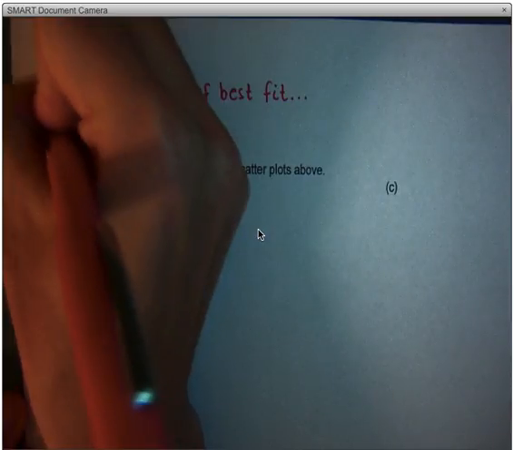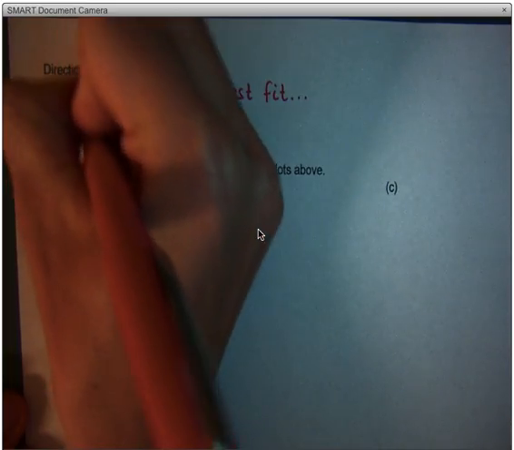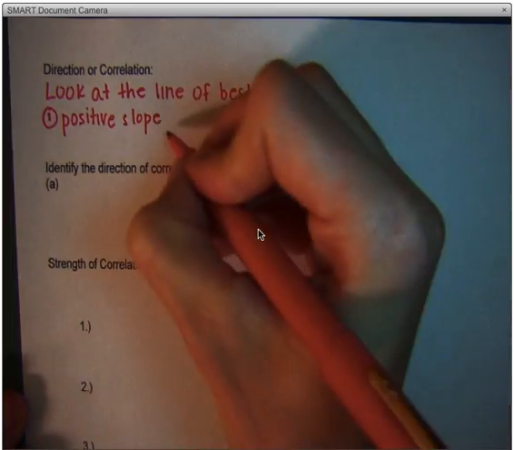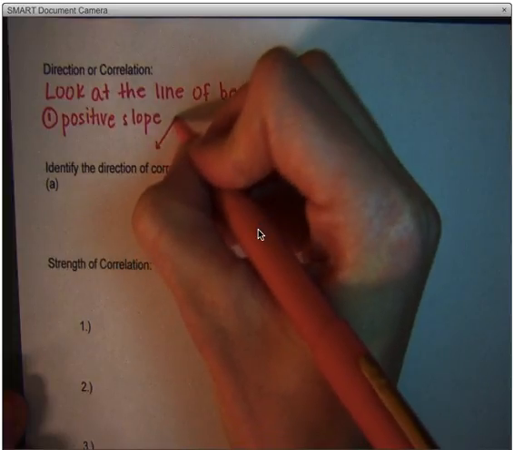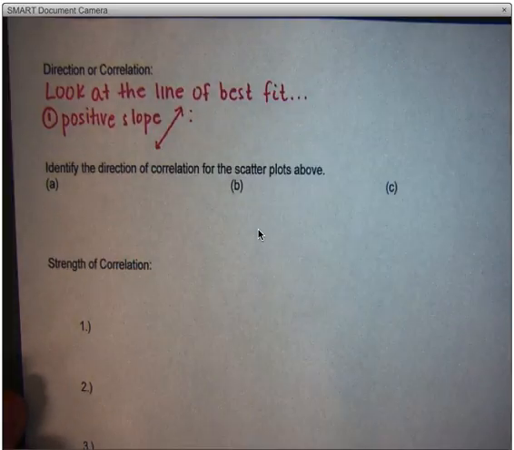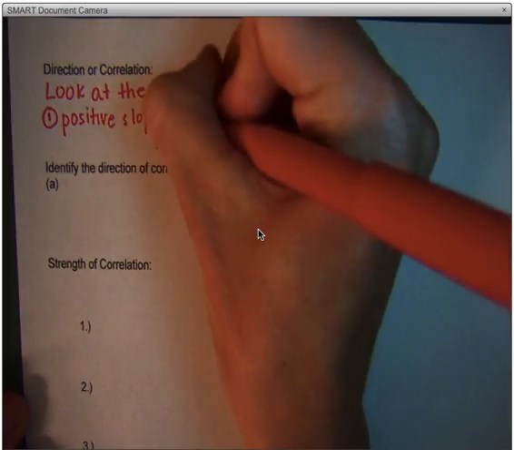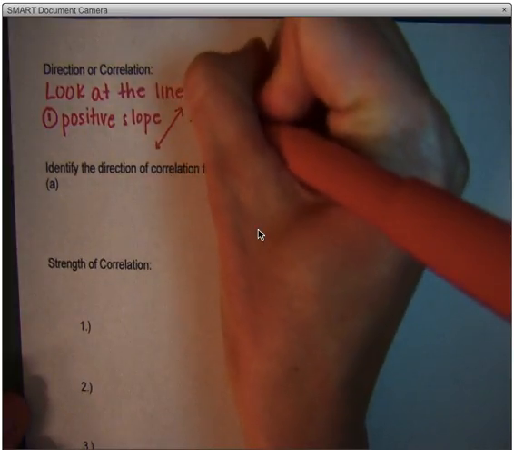So the first scenario is that the line that you drew has a positive slope. So remember, if it has a positive slope, it's going to look something like this. So if it is a positive slope line, that means that it has a positive correlation.